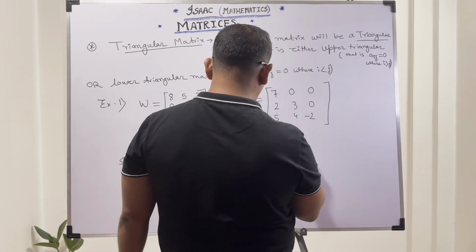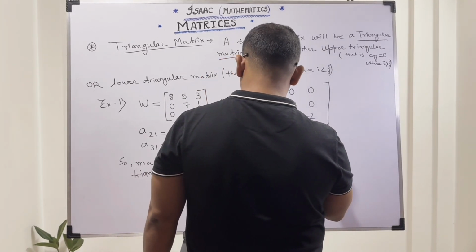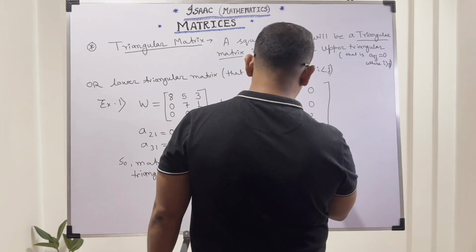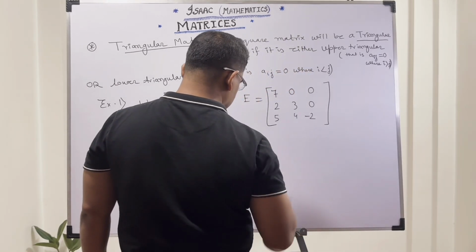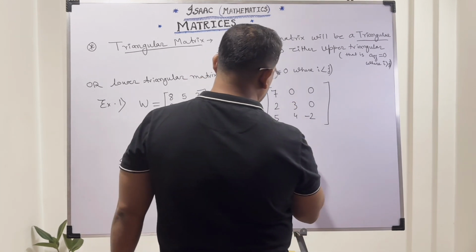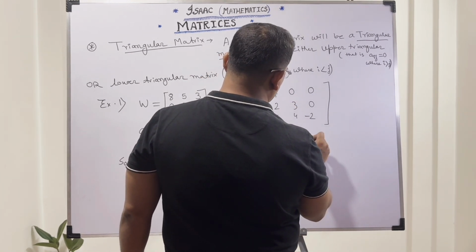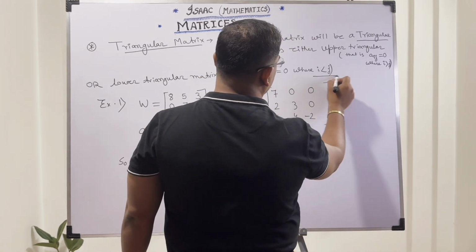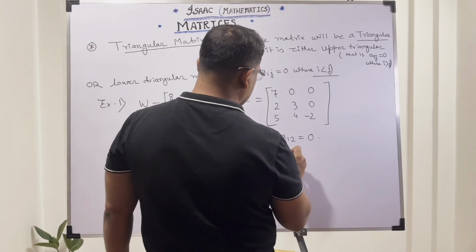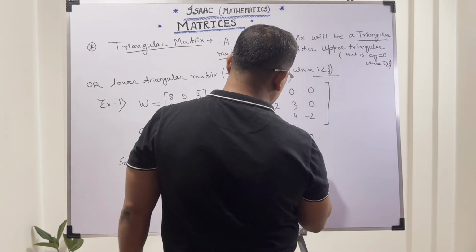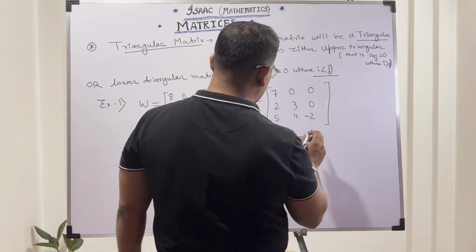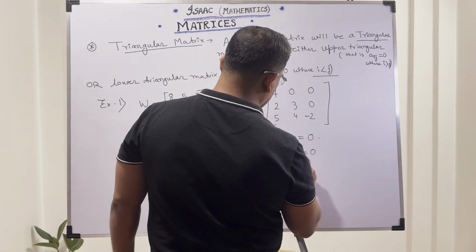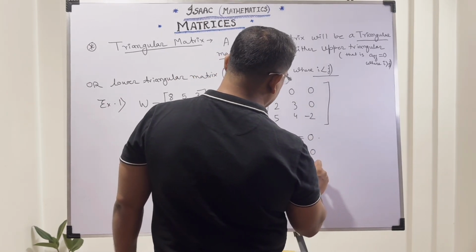So here A12 equals 0, A13 equals 0, A23 equals 0.